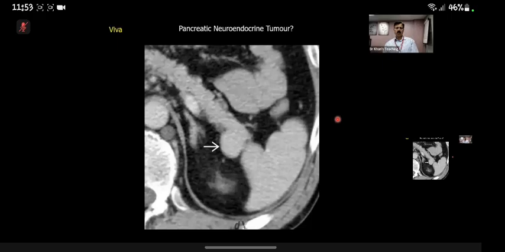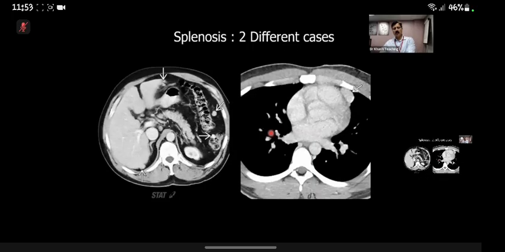On all sequences, the lesion will be equal to the spleen. On an MR of the spleen, the diffusion weighted image shows a bit of restricted diffusion. Spleen is inherently bright on DWI, and that is a very useful sequence to compare it. So that is a normal variant, accessory spleen.